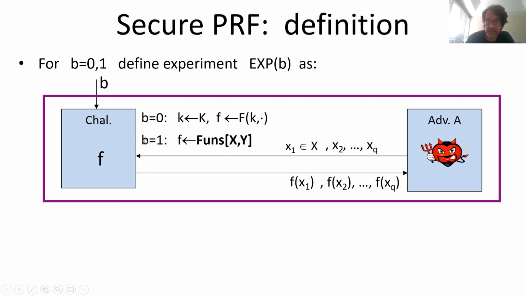The b equals 1 case models the ideal world, where we replace this function by an idealized function, just like when we define PRG, we replace the PRG output with an idealized notion that we would like to be just like a completely random string. It is not. It is output by a small circuitry on a random seed, but a small seed, right?